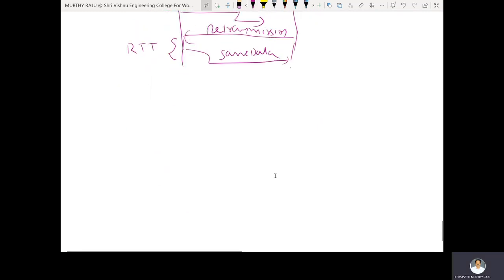Next one, scale. What does scale mean? Selecting of sensors. Suppose in a body area network, consider some sensors, 4-5 sensors. In some cases, in wireless sensor networks, sensor nodes are randomly placed.